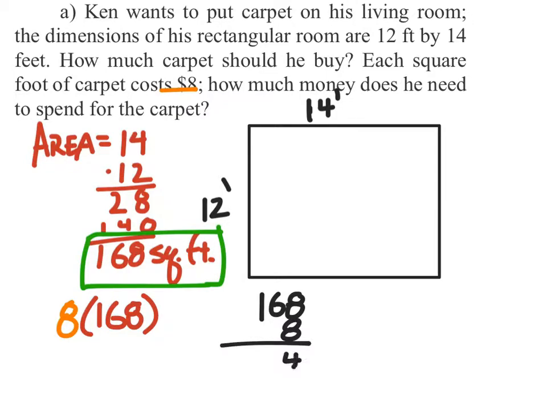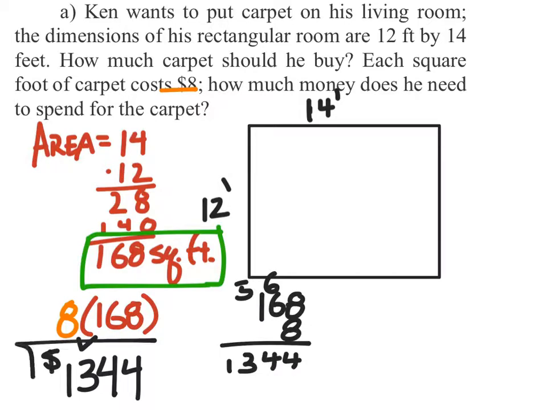That's going to be 64, 48, 54, and 13. So this is going to be $1,344 to put carpet in this 12 by 14 room.